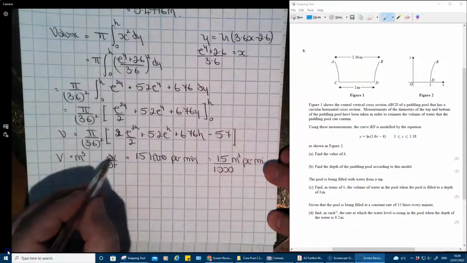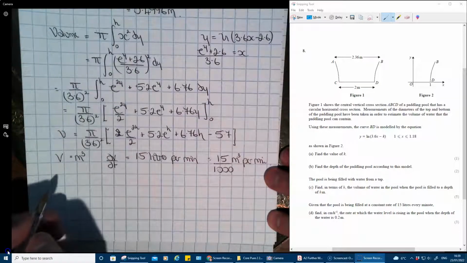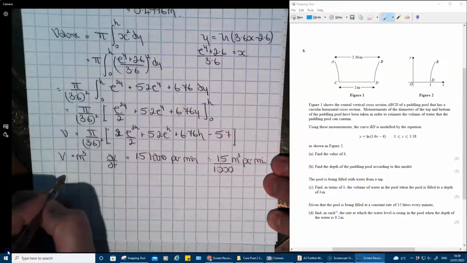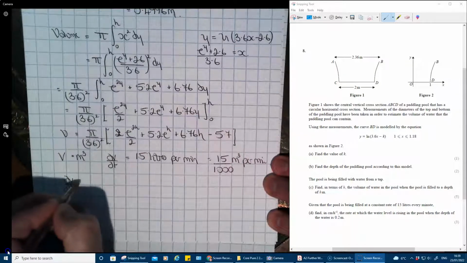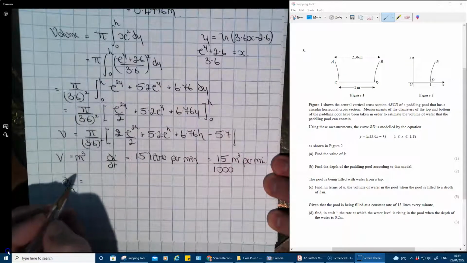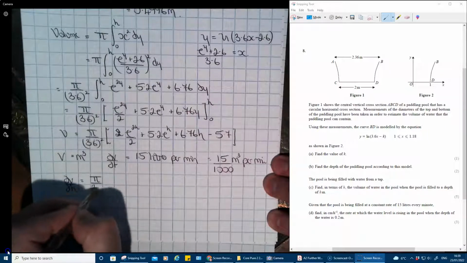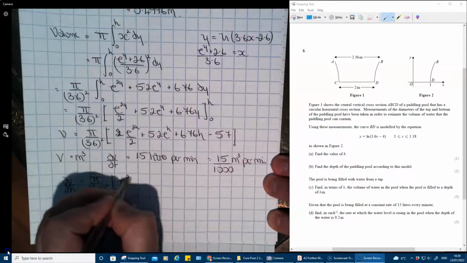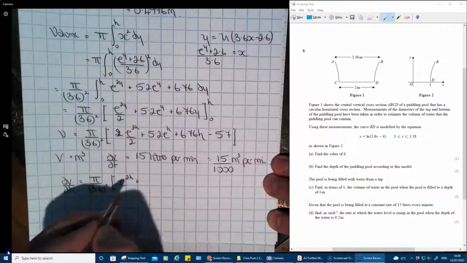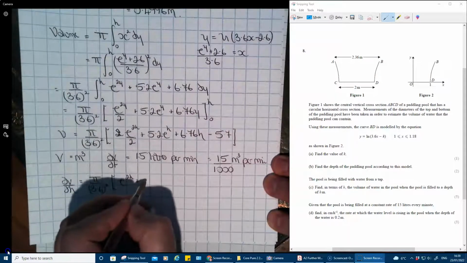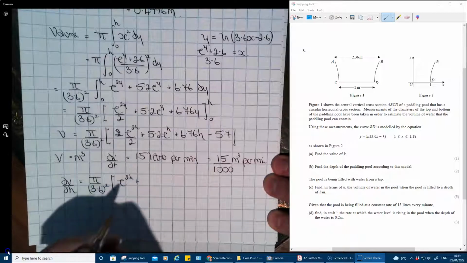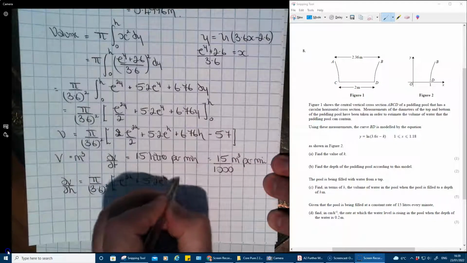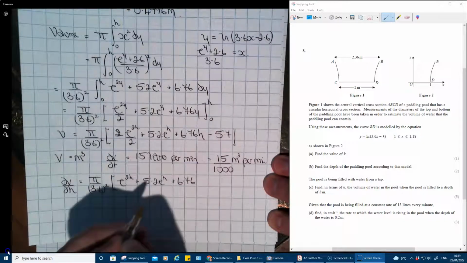Okay, so we know dV by dt. We've got V, so we can find dV by dh by differentiating, and we get pi over 3.6 squared times e to the 2h plus 5.2 e to the h plus 6.76.